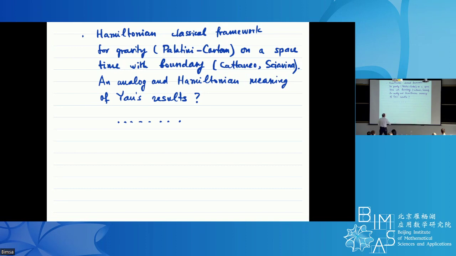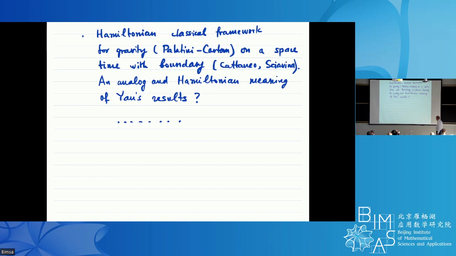So the question is, what is the analog in this Hamiltonian framework of Yau's results, and how to put this? This is all infinite dimensional. So one should somehow develop the appropriate infinite dimensional setting for the symplectic manifolds.